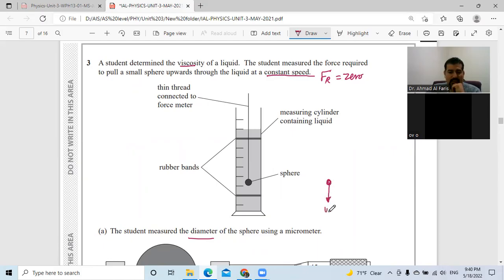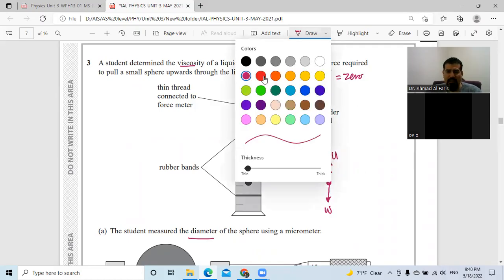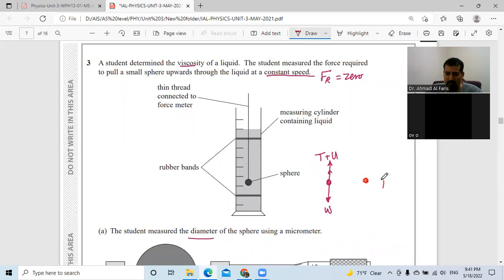There is weight downwards, and upward there is the force of tension plus the upthrust. Maybe we neglect the upthrust, it is small. When it was moving upward at constant speed, there is weight downwards, and tension plus upthrust upwards. And since it is moving, there will be another force downwards, which is the drag force, right?